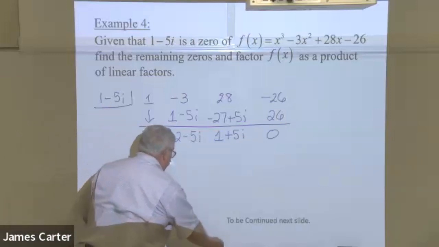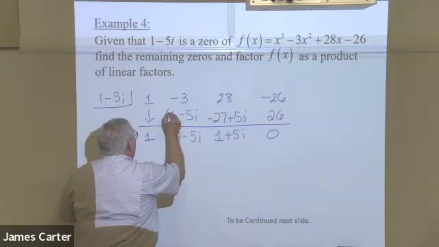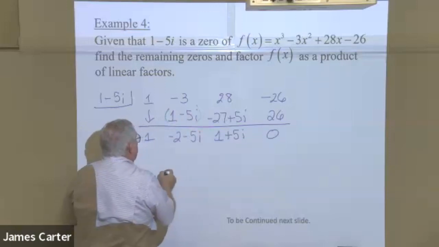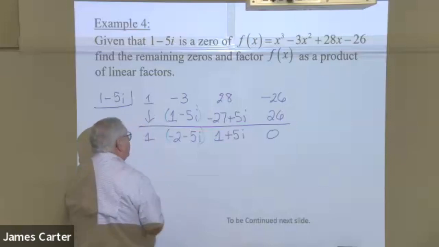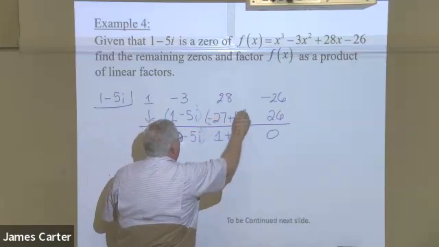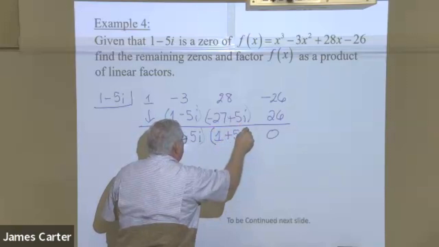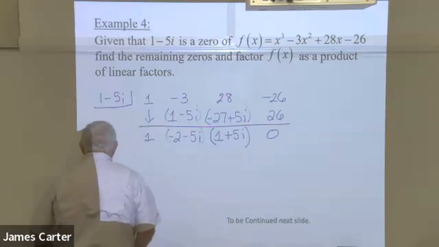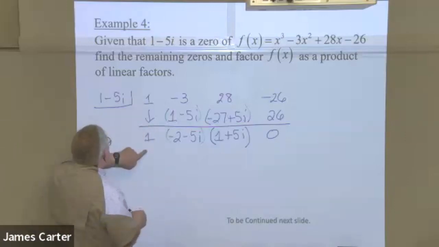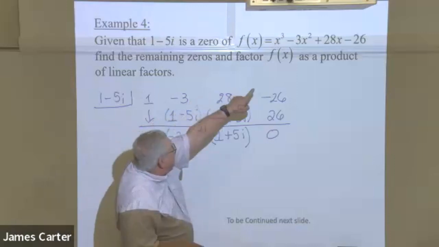I've got to put some parentheses in. I need to put parentheses in there and here. I want to put parentheses in here and here. Okay? That way we don't lose track of something. Now, given that, bring down the first term from that equation.